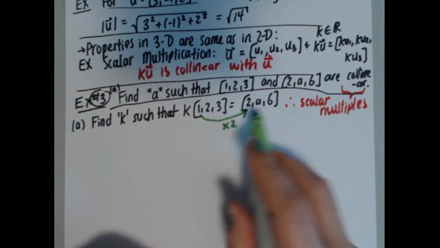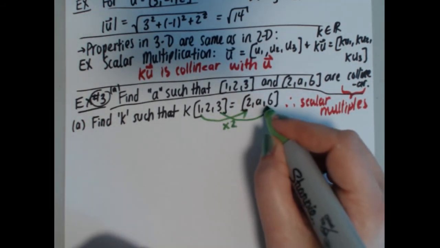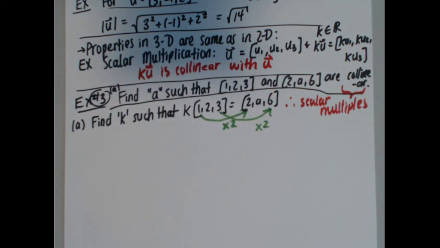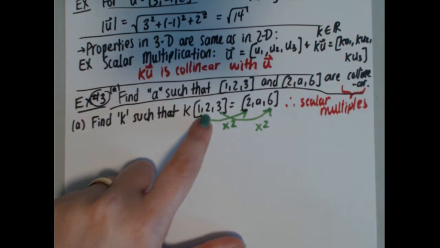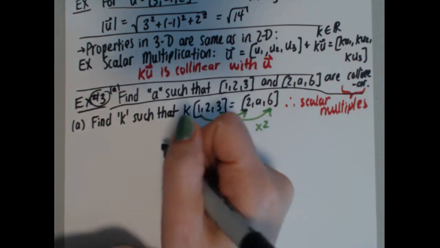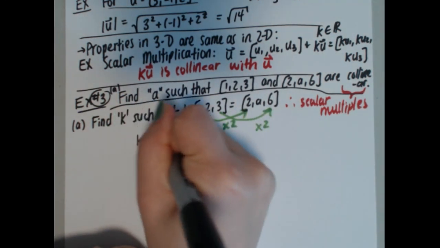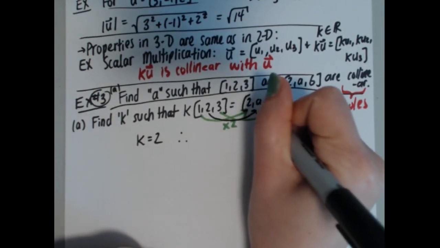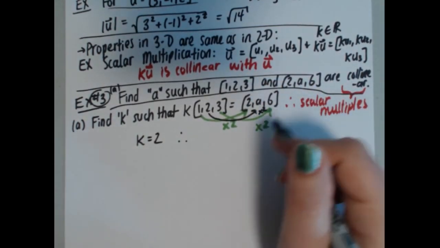How do I get from 3 to 6? It's the same, and that's what you would expect: I multiply by 2. So if I multiply 1 and 3 by 2 to get 2 and 6 respectively, I have to multiply 2 also by 2 to get a. So k is equal to 2, therefore 2 times 2 is going to equal a.